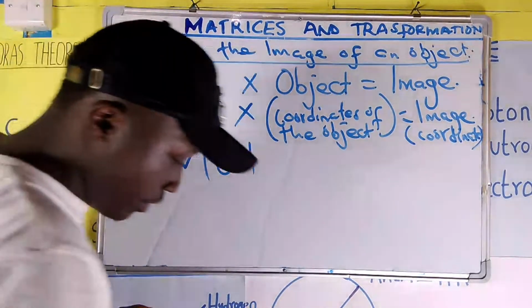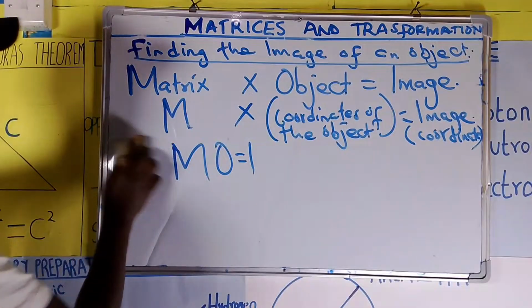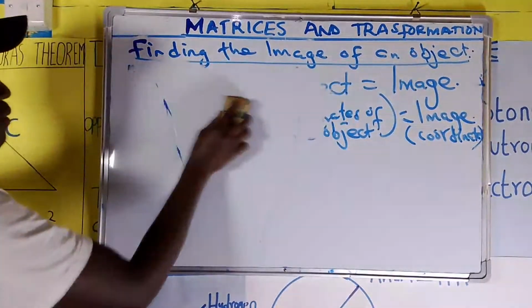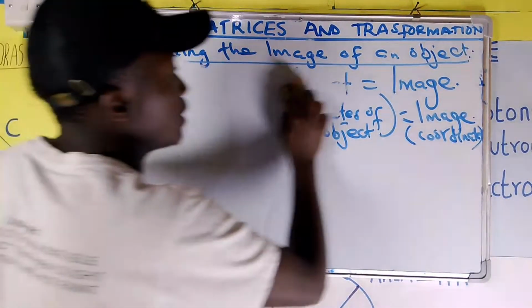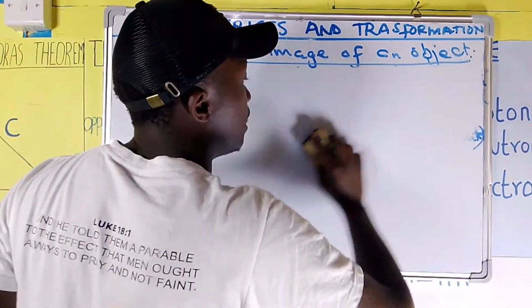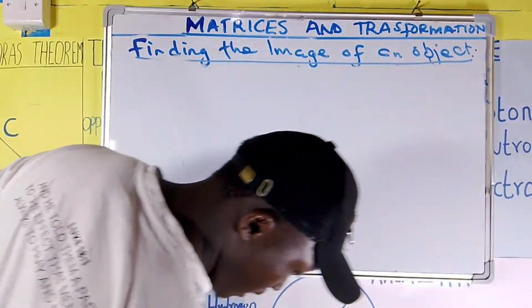So let us have a question that we can do here so that we can internalize this information. As we said, we want to focus on the key areas that are assessed.